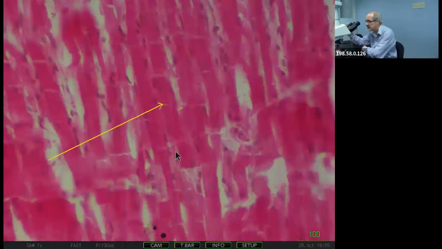The second component is called the fascia adherens, and this fascia adherens belongs more or less to the family of macula adherens. And finally, you have something belonging to the family of the desmosome.